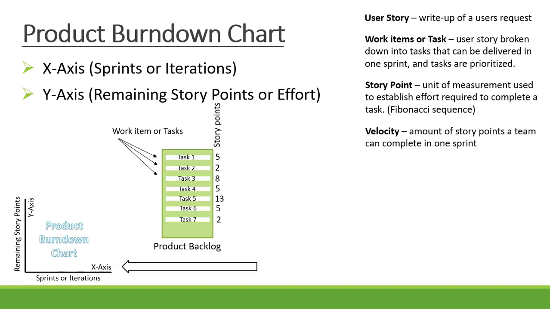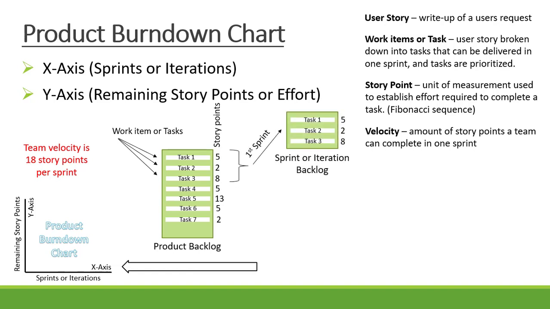The velocity of a team is the amount of story points a team can complete in one sprint. For the purpose of this discussion, the velocity of the team is 18 story points per sprint. Therefore, for each sprint, the team will be able to complete 18 story points.